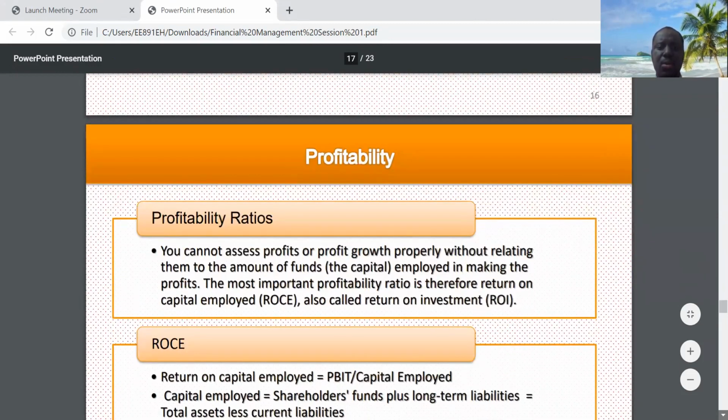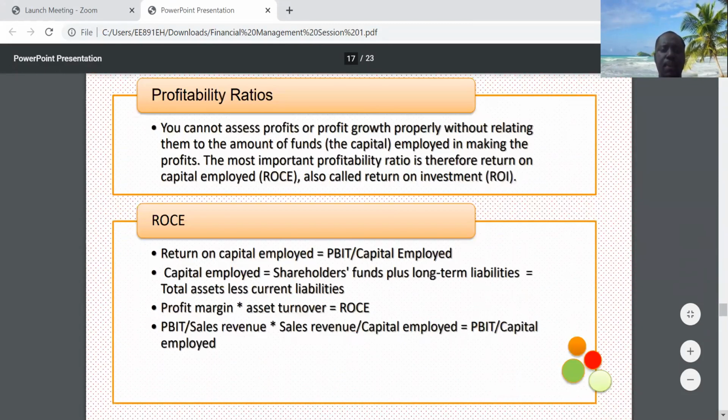On the next slide, we are going to talk about profitability ratios. Under profitability ratios, you cannot assess profit or profit growth without relating them to the capital that you employed. The capital that you put into the business is very important when you are doing profitability analysis, because you need to know how much you put in so that it becomes easier to know how much you got out of what you put in.